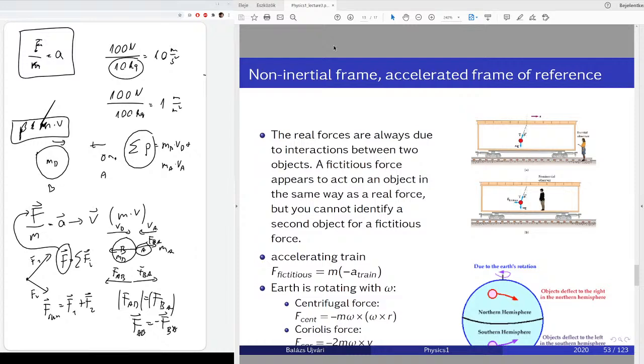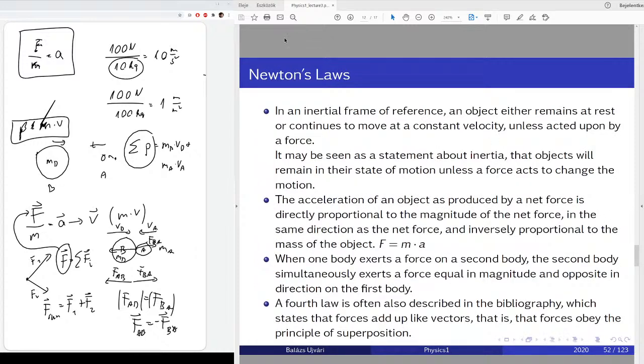frames. This is why we started with the definition of the inertial frame of reference here, because Newton laws are only valid in inertial frames.